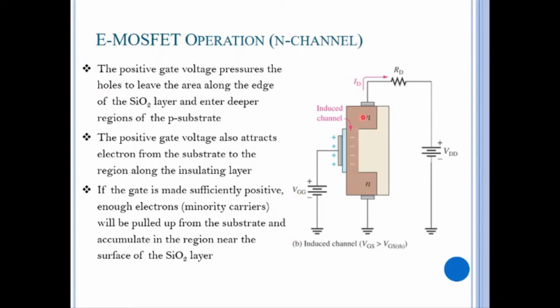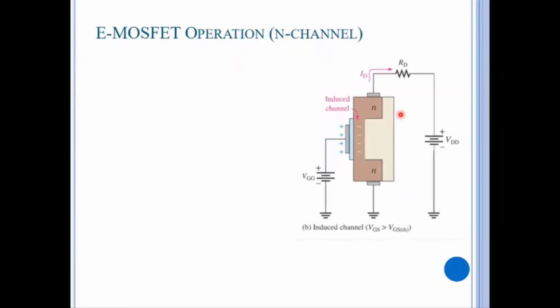The induced channel will connect the drain and the source, so it results in electrical conduction between the source and the drain. So the N channel starts to form.